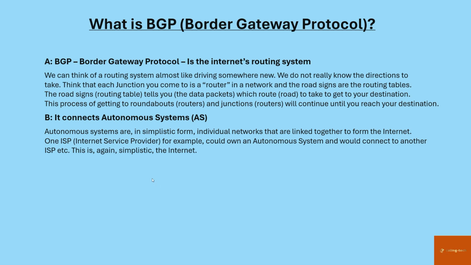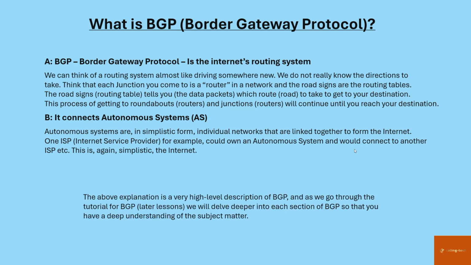And that forms a very simplistic view of the internet itself. The above explanation is very high-level. As we go through the tutorial for BGP in later lessons, we'll delve deeper into each section of BGP so that you have a deeper understanding of the subject matter.